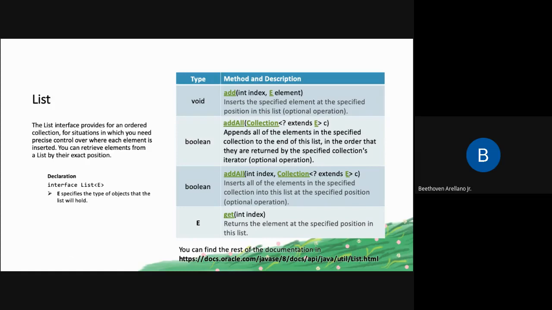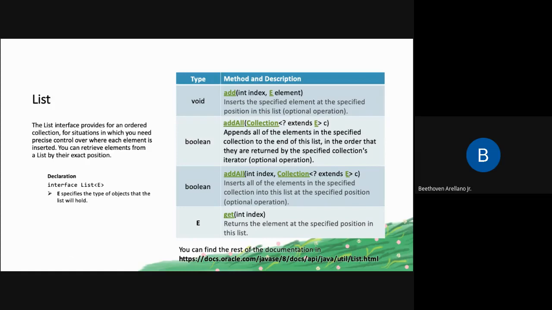To obtain the object stored at a specific location, call the get method using the index of the object. To assign a value to an element in the list, call the set method by specifying the index of the object to be changed.